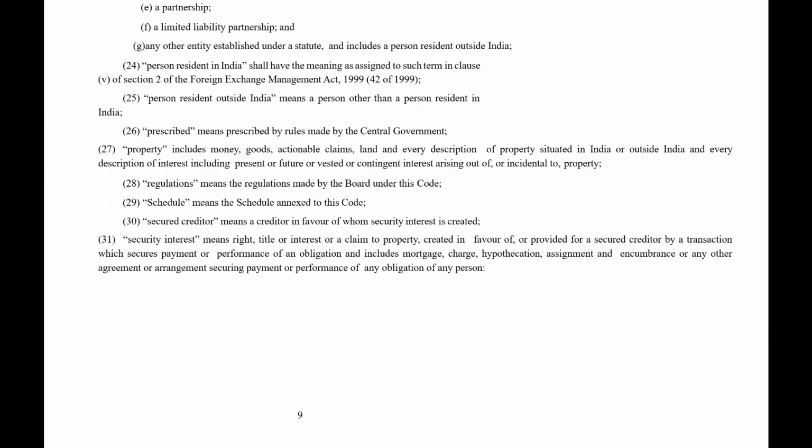And security interest means right, title, or interest or a claim to property created in favor of or provided for a secured creditor by a transaction which secures payment or performance of an obligation, and includes mortgage, charge, hypothecation, assignment, and encumbrance, or any other agreement or arrangement securing payment or performance of any obligation of any person. So this is the definition of security interest, to which we will again come back, provided that security interest shall not include a performance guarantee.